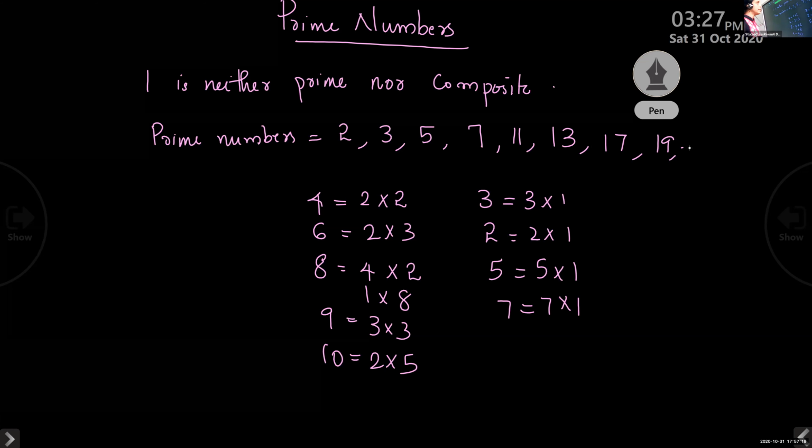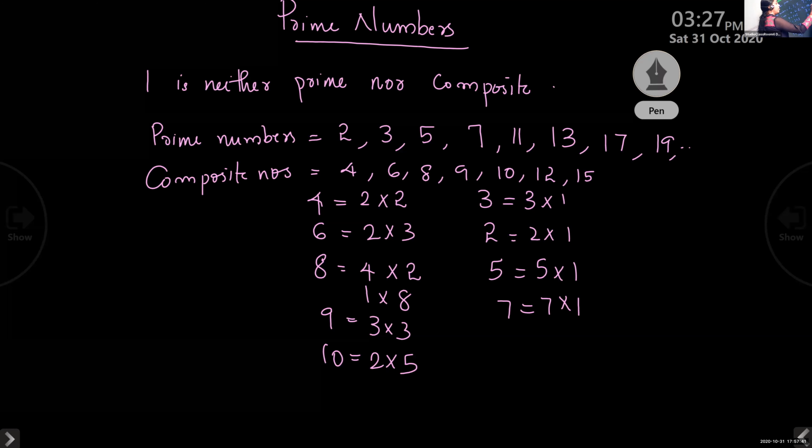Clear? Did you understand about prime numbers? Yes, ma'am. And all these other numbers are known as composite numbers, which have other factors than 1 and that number: 4, 6, 8, 9, 10, 12, 14, 15, etc. Clear?